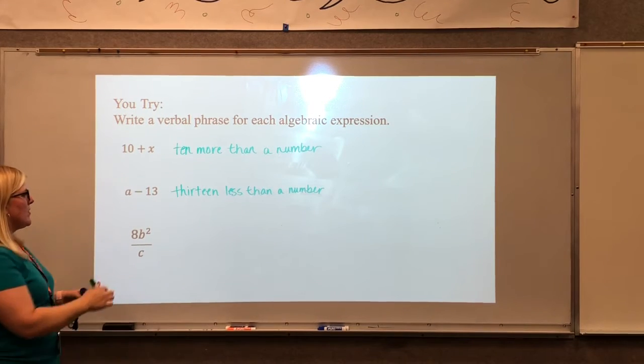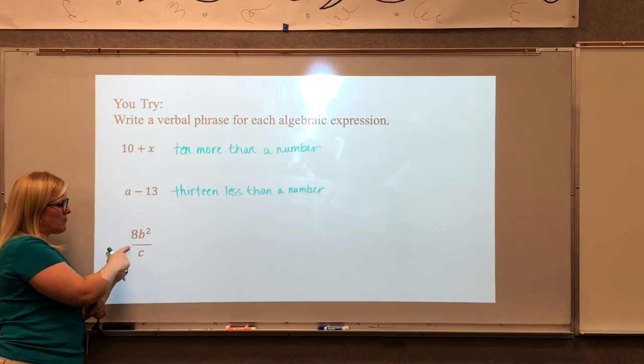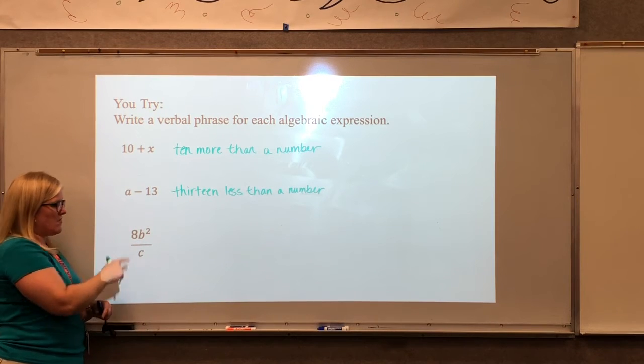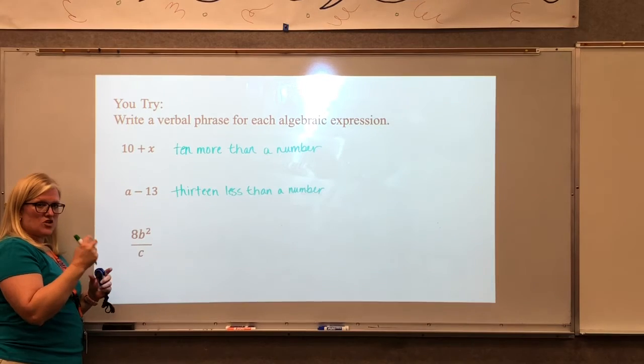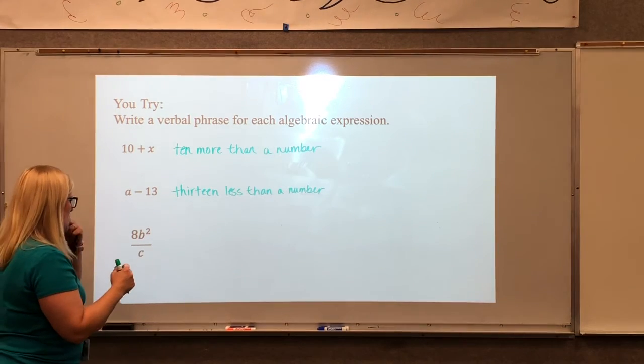And lastly, we have a couple things. The main thing is a quotient, but we've got a product going on here. So we've got to make sure that we get both of those things into our statement.